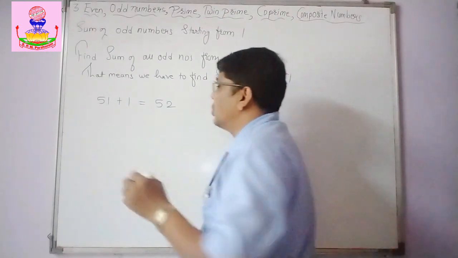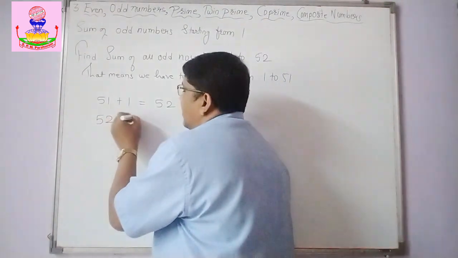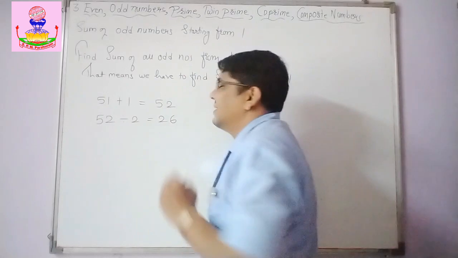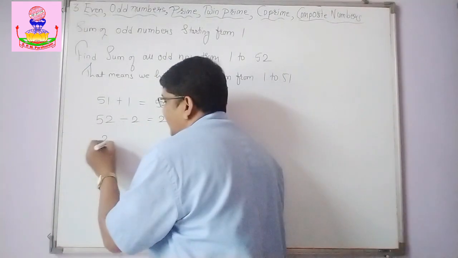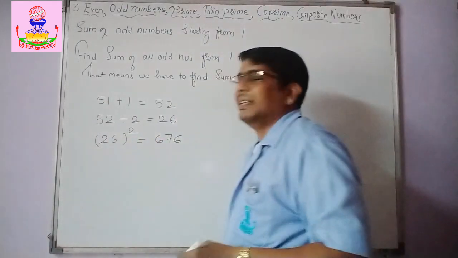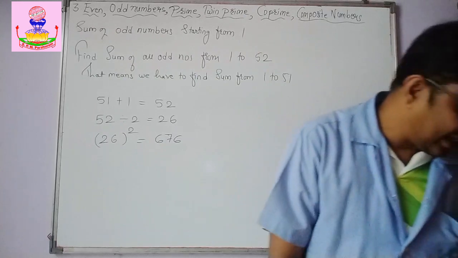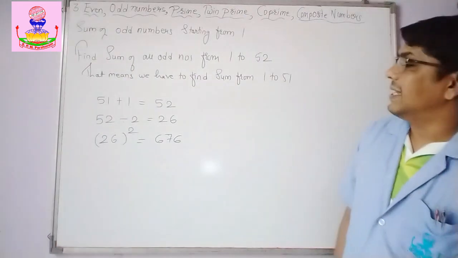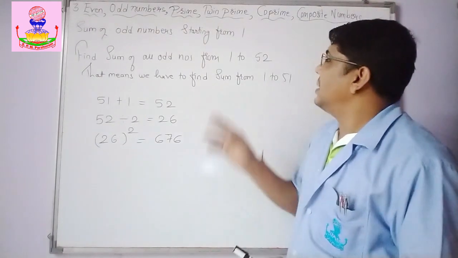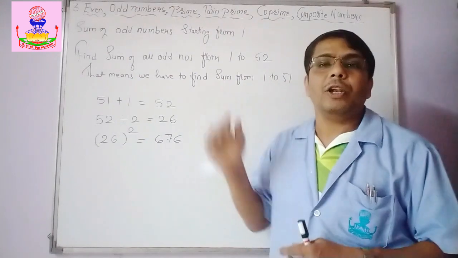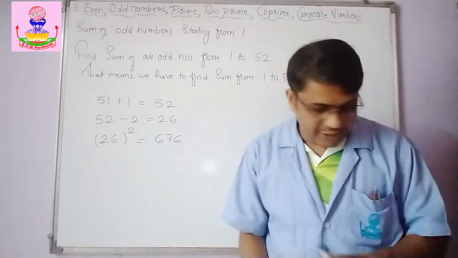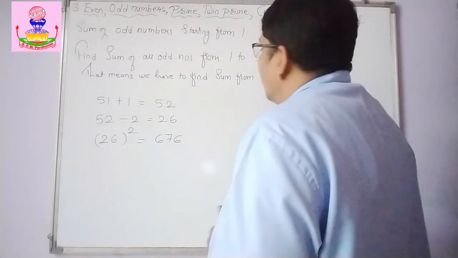Now divide that by 2. 52 divided by 2. How much is it? 26. And find the square of that 26. Now 26 square, how much is it? 676, and so the sum is 676. Okay, so in this way you can find the sum of all odd numbers when it starts from 1. Okay, so that's what it is.